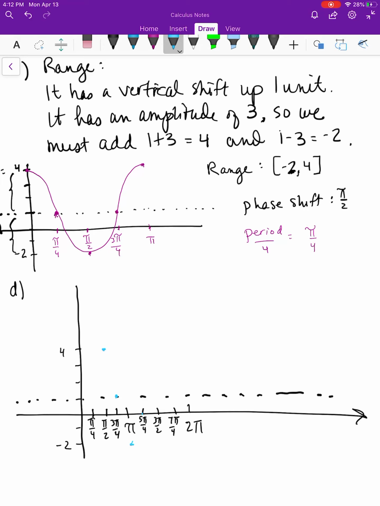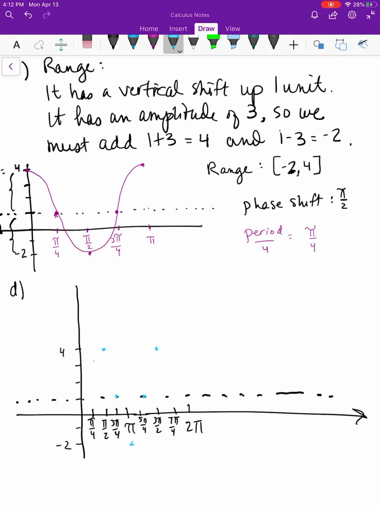Okay, and then every 1/4, it's going to hit something. So after a fourth, it's going to be at 0. Then after another fourth, it's going to be at its lowest. Another fourth, 0. And then, oops, sorry, I accidentally put it there, so don't put one there. Let's put that back.